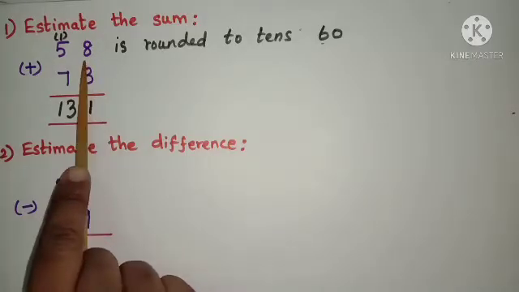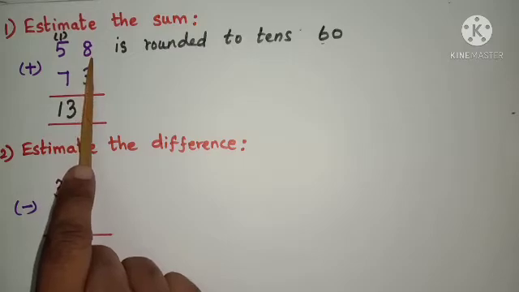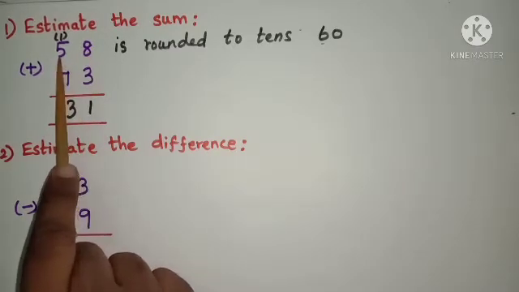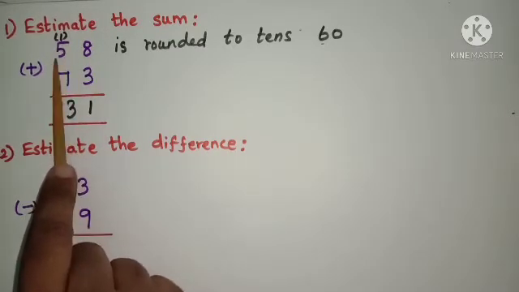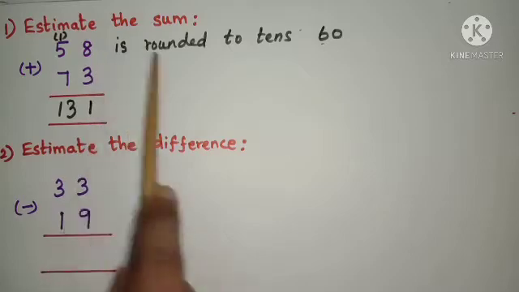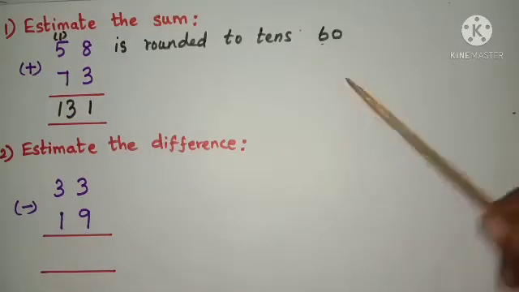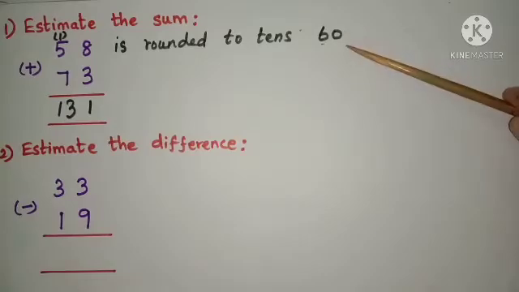See the unit digit. If it is greater than 5 or equal to 5, we need to add 1 to the previous digit. Make the unit digit as 0, as we know already. Thus, 58 is rounded to tens, which gives 60.